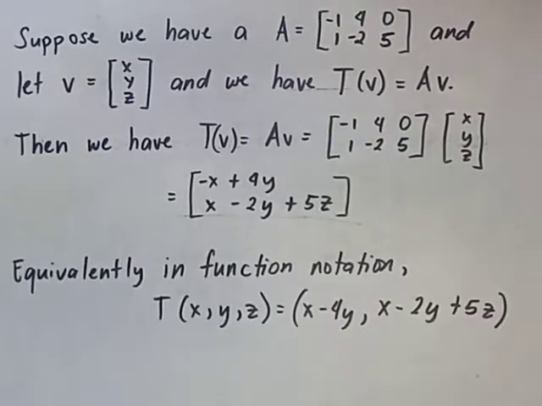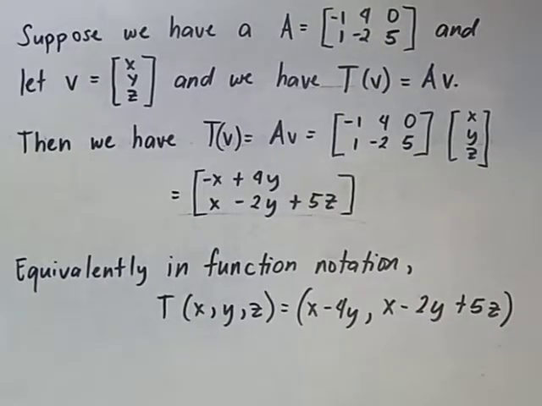Or equivalently in function notation, the transformation of x, y, z, that is our vector V elements, is equal to -x plus 4y and x minus 2y plus 5z, which is the product of matrix A and vector V.